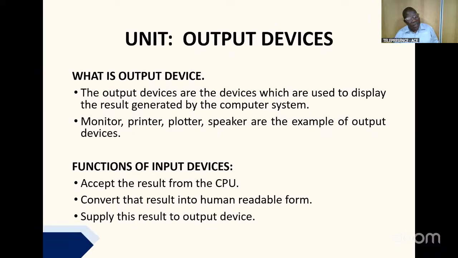So what converts those 0, 1 that the system understood to what is understandable by the human is what we call output devices. And we have examples of these, which are monitor, printer, plotter, speakers. We have more examples than these, but these are the ready examples for output devices.